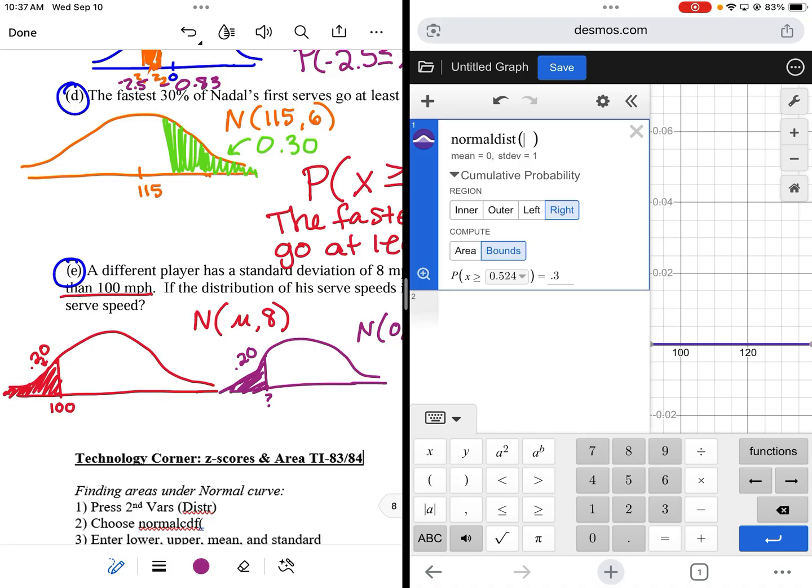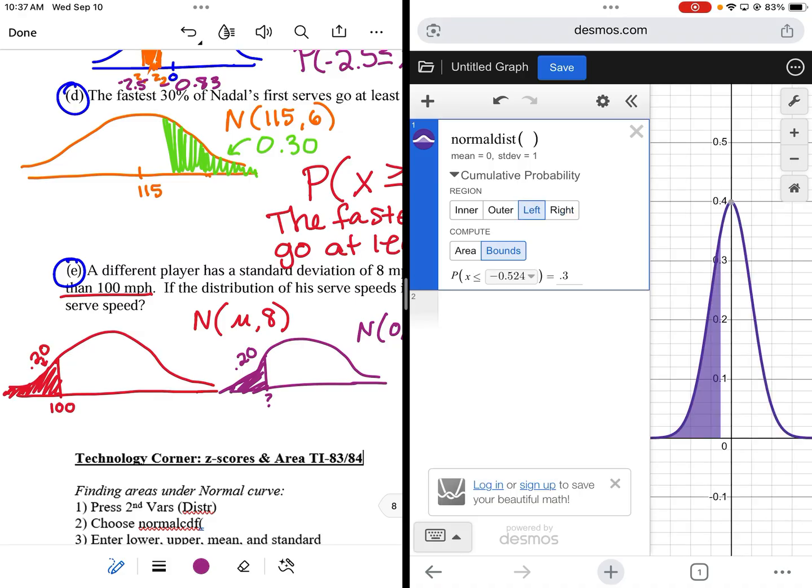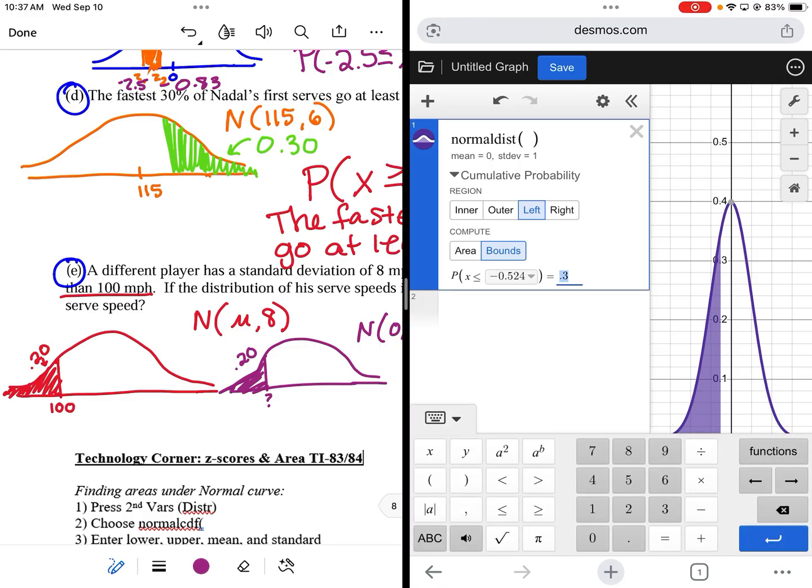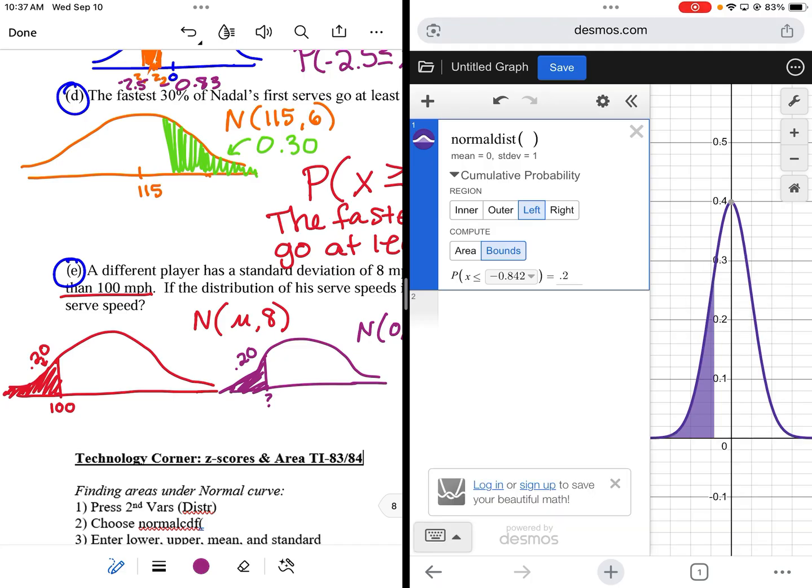What did I shade? Left. And then, are we computing area or bounds? Bounds. So we would change our value to 0.2. And so we just found the z-score. So this z is negative 0.842.